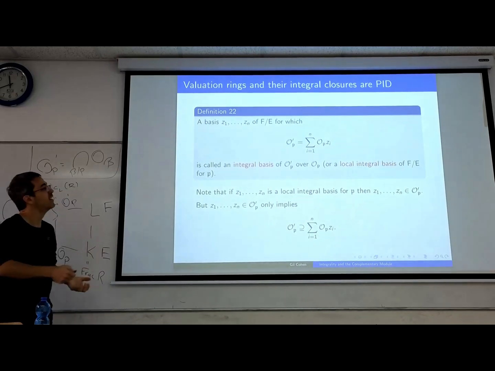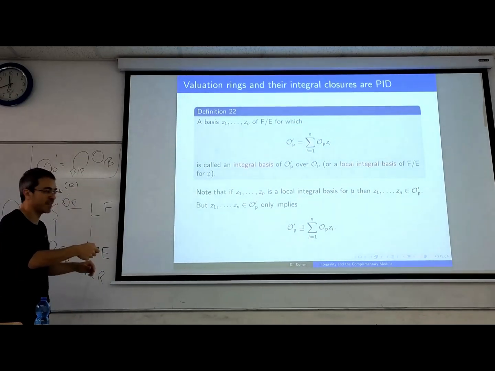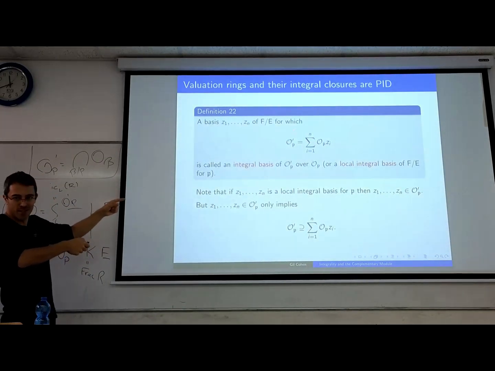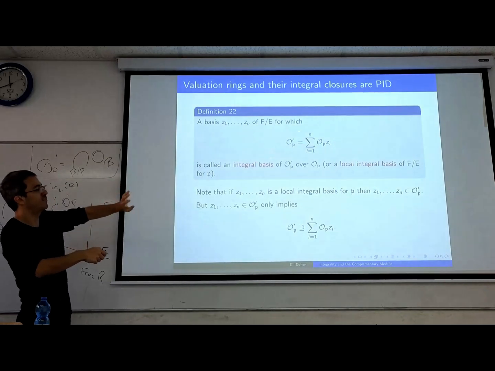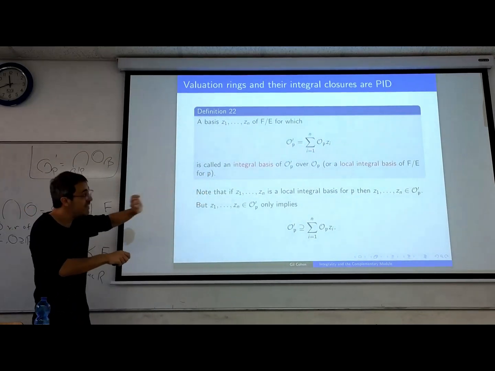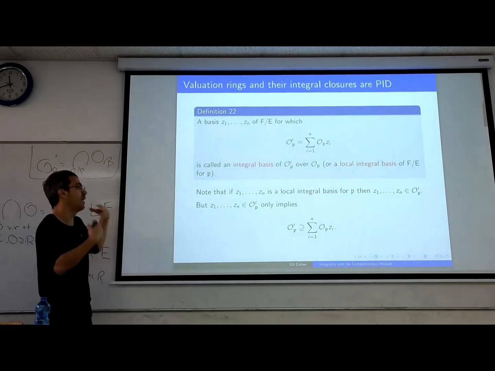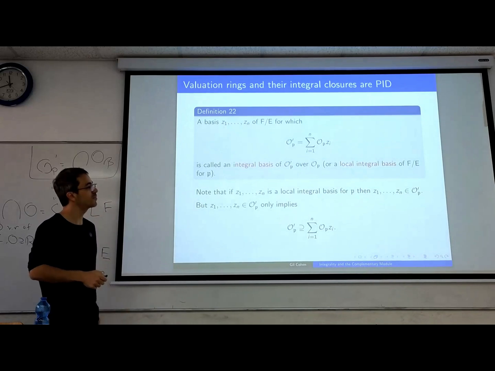I mean, you get something. In a second, I'll tell you that you can't get more than that. But you get something, and it turns out when you get the maximal thing that you can, which is this, well, it's not entirely correct, I'll talk about it. But when you get this equality, you are happy. You'll see why. Happy means I give it a name. It's a local integral basis.